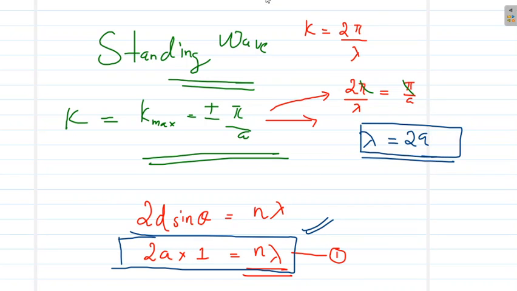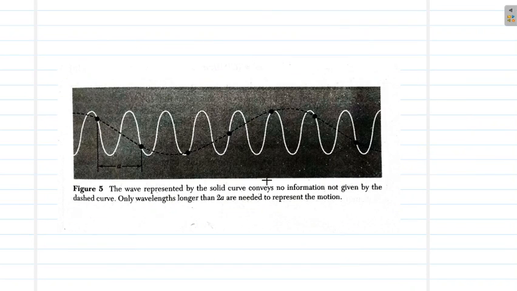Now in the case of an electromagnetic wave, this wavelength lambda has a direct meaning. Lambda will be the wavelength of the propagating X-ray or the electromagnetic wave. In the case of the elastic wave that is propagating through the crystal, lambda is defined by the atoms that constitute the lattice. For example, in this case you can see two different waves that are plotted here, this white curve and this dotted curve.